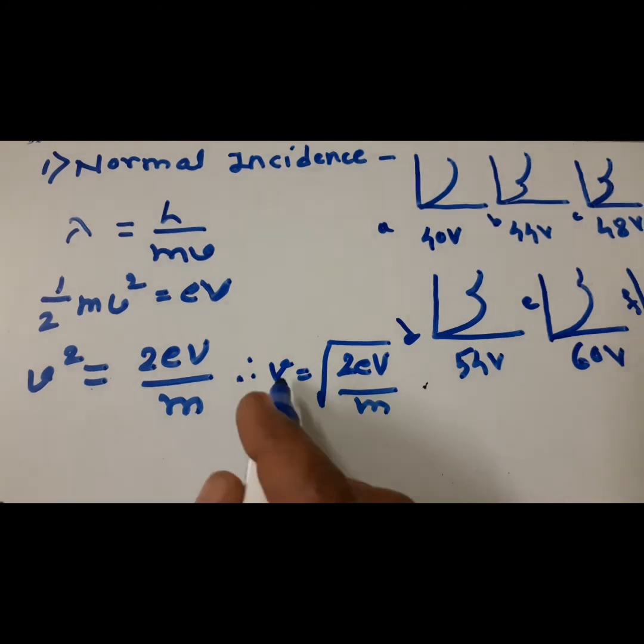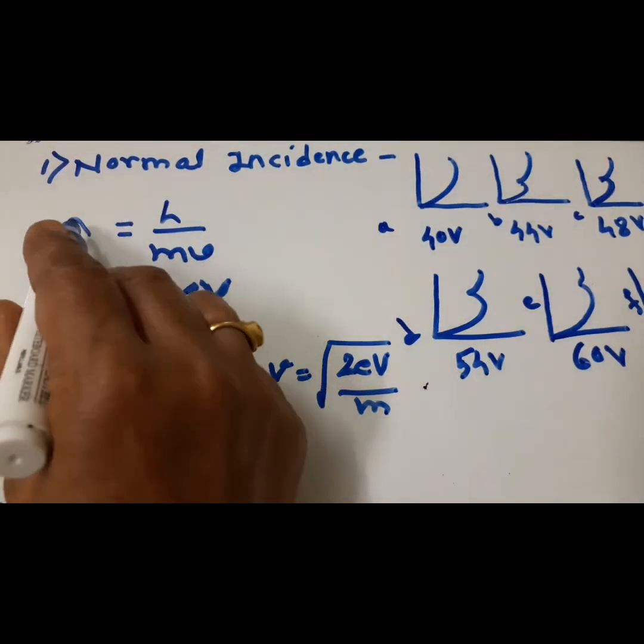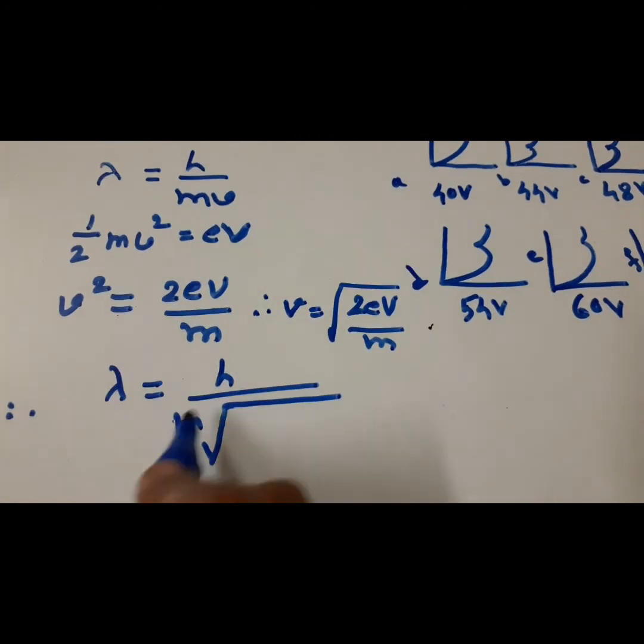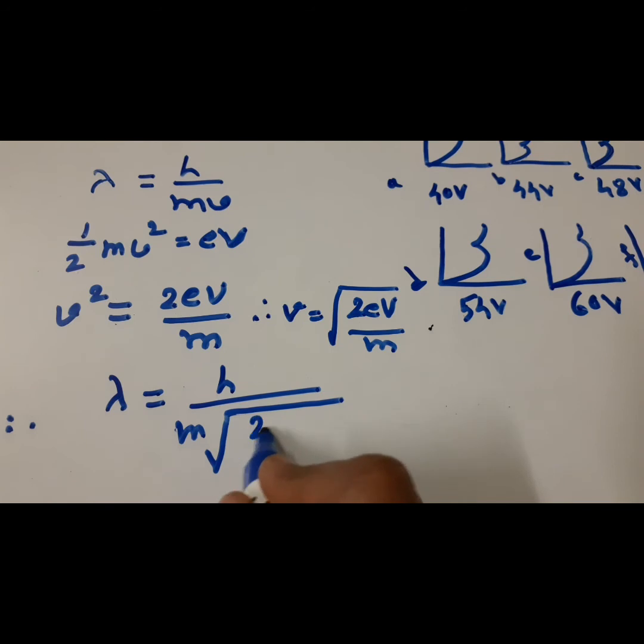Therefore, we can put this value of v in the equation of wavelength, and we can write lambda is equal to h upon m under root of 2eV upon m.